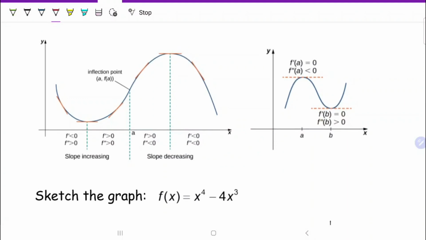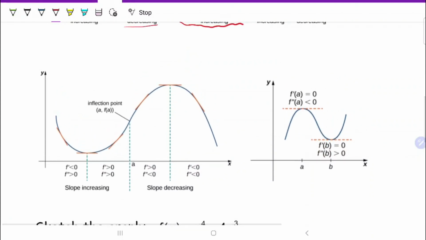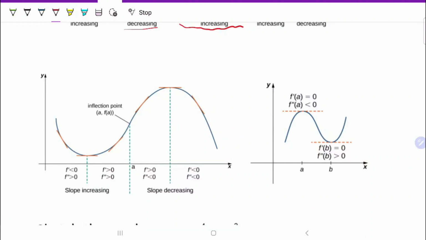Okay, so now we know that from the first derivative, we are able to start defining certain points. So we now take the second derivative. Where the second derivative is equal to 0, we call that point a point of inflection.